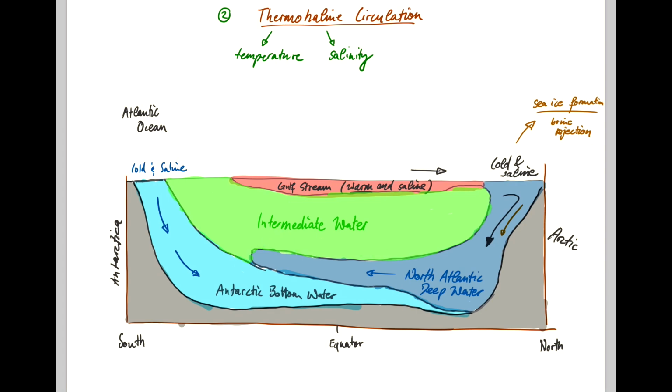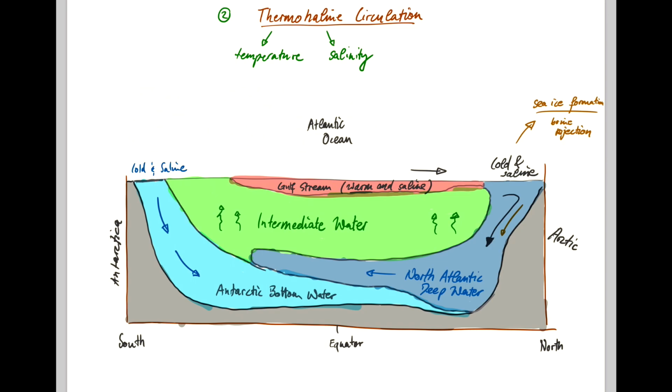Some of it is mixing upward here throughout the intermediate waters. There you have some sort of mixing, and then you have upwelling at the boundaries, as we've discussed in the previous video. And quite a lot of the upwelling actually happens in different oceans, not the Atlantic.